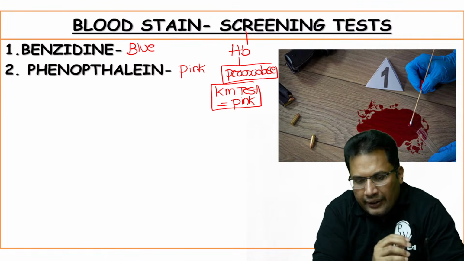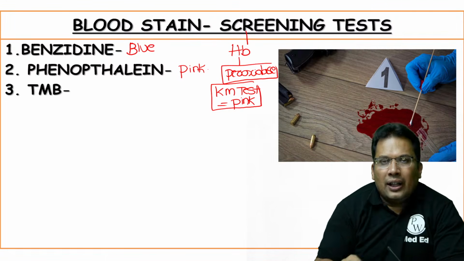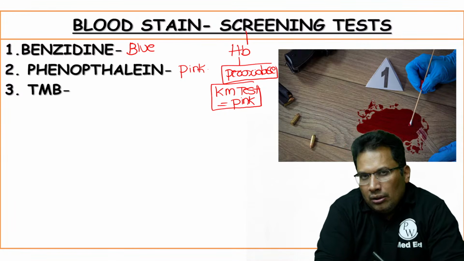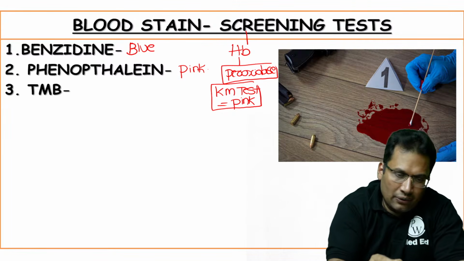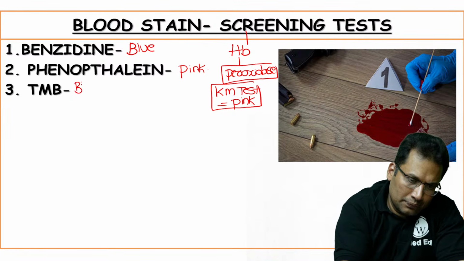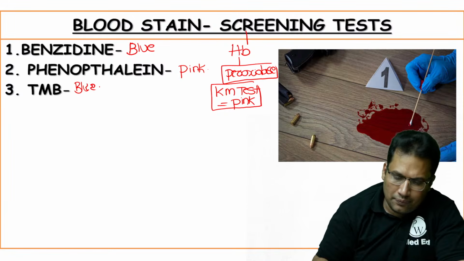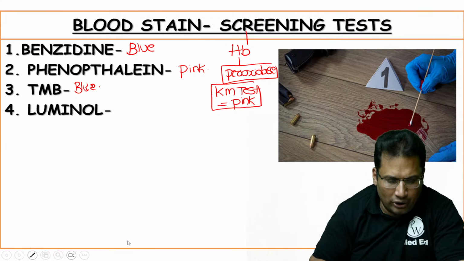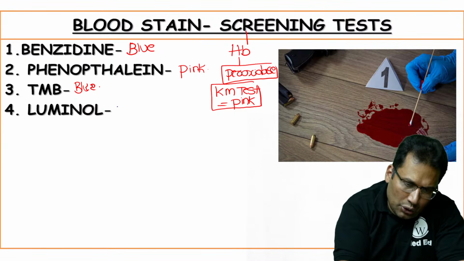Then the third test, the tetramethylbenzidine test. Again, the color is blue. Luminol test, a very important test. It is used in old washed blood stain.